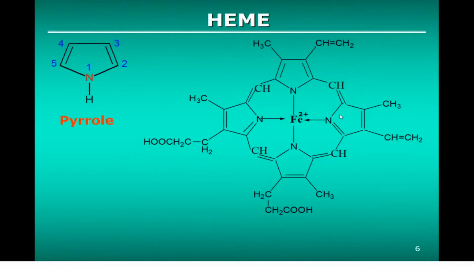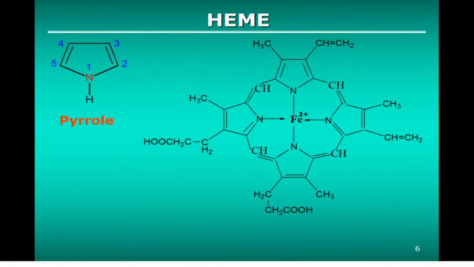So there are some examples of such 5-membered ring compounds, and one of them is heme. It's a structural unit of hemoglobin. It's a protein consisting of 4 subunits, each one with such a part, and that's why proteins like hemoglobin are known as chromoproteins, they're red pigments.